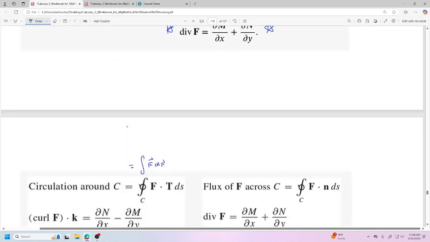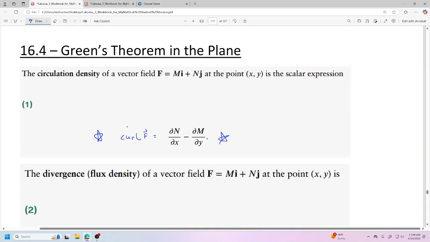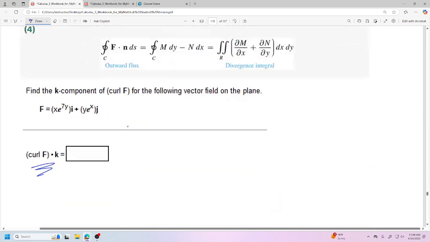But rather, we're just trying to find curl. Let's go back to the formula. Curl is that one right there. So I'm going to rewrite it. We got dN/dx minus dM/dy. Another version is the Newtonian version versus the Leibniz version. We're just finding partial derivatives.